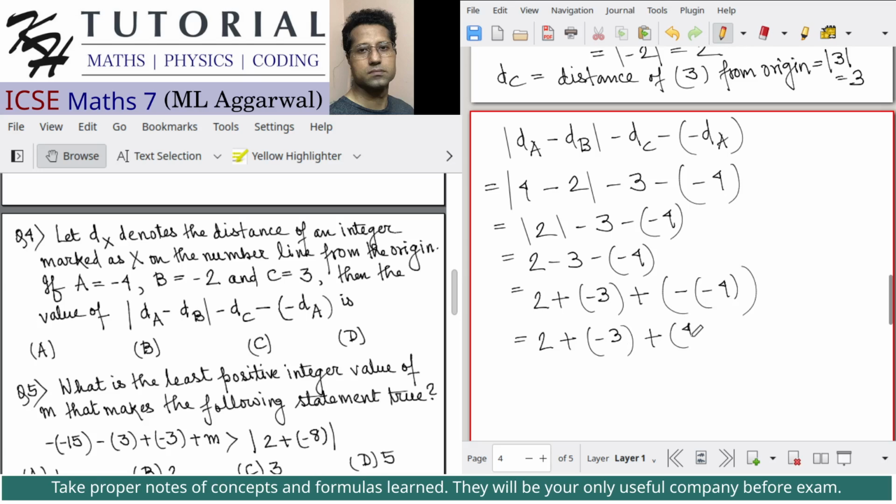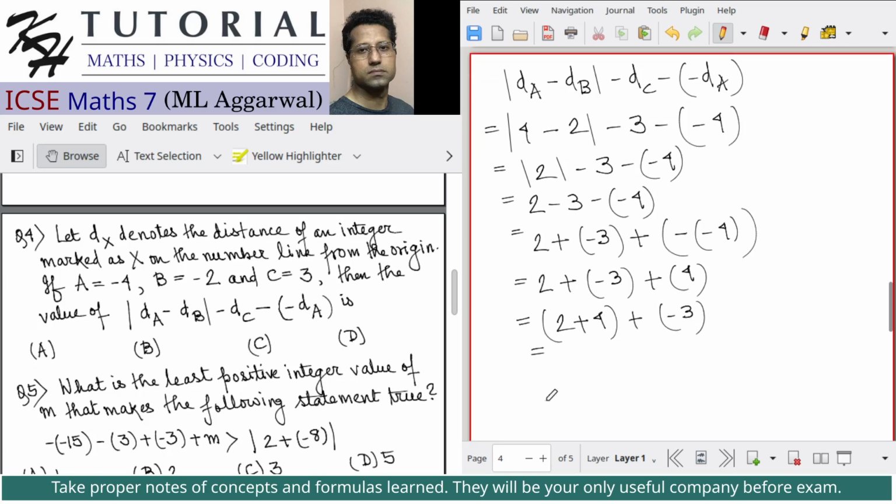So I can write this as 2 plus 4 plus minus 3. That is, I am grouping all the positive integers and the negative integers separately. So 2 plus 4 is 6. We have 6 plus minus 3. This is equal to positive of 6 minus 3, which is equal to 3.